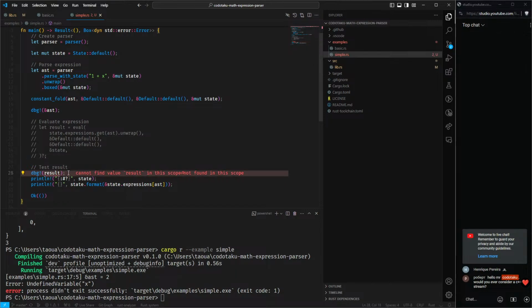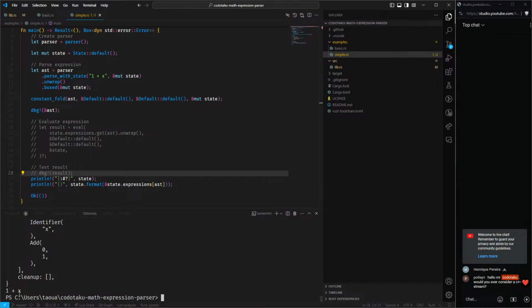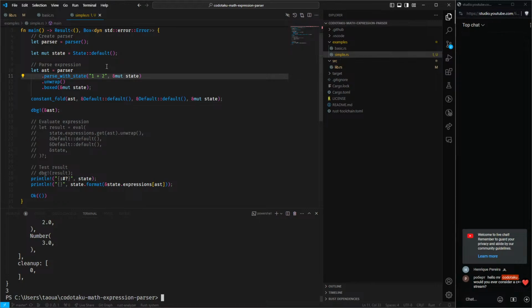So I don't care about evaluation right now. We're optimizing the AST. There you go. So 1 plus x, it doesn't get constant folded. But if I say 1 plus 2, 3, if I go on, of course it would work all the way down. There you go. So right now our whole AST here after constant folding is just the evaluation of this directly.